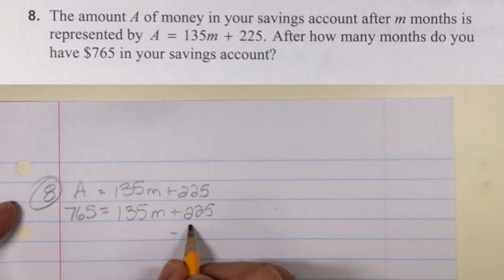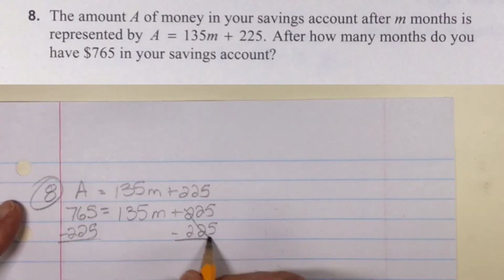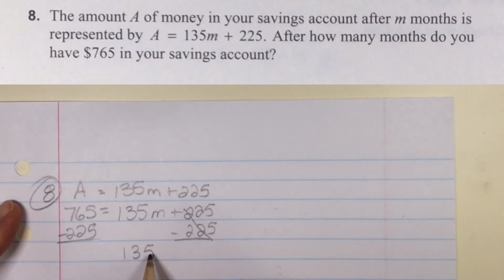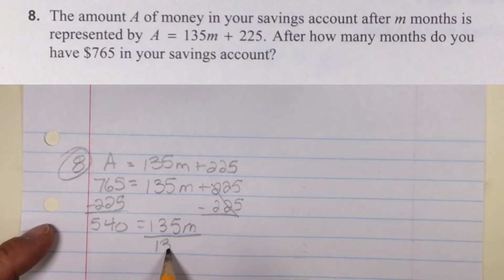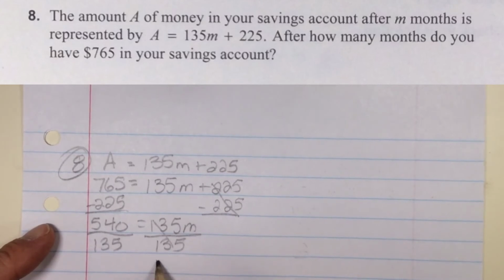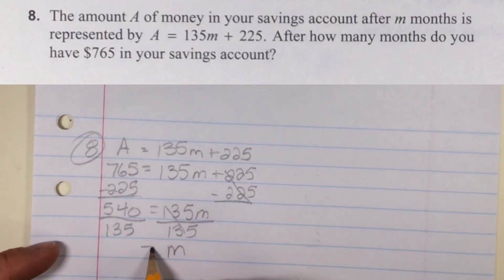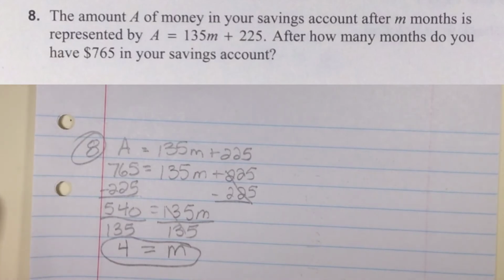Subtract 225 from both sides. 135M equals 540. Divide by 135, and M, or the number of months, has to equal 4. 4 months.